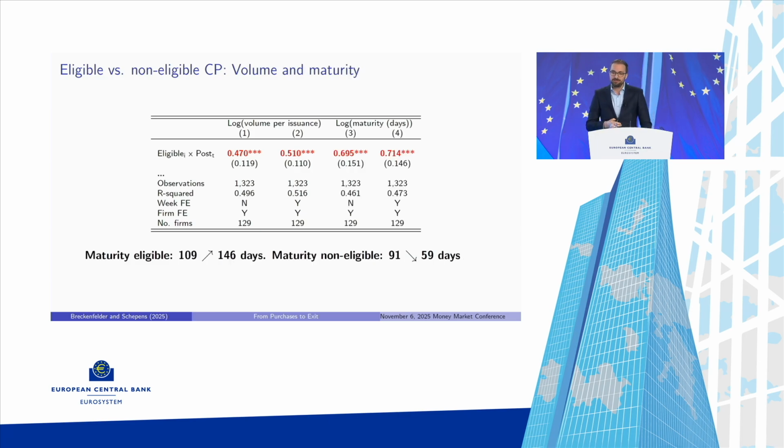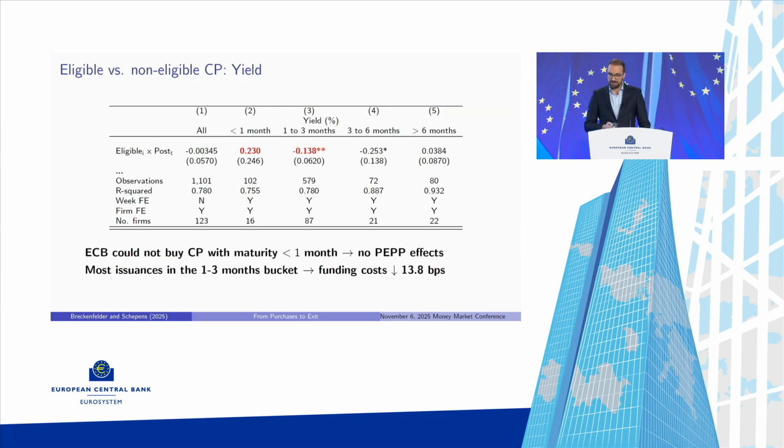What about maturity? Maturity, in terms of days, increases by 70%, and it goes up from 109 to 146 for eligible. For non-eligible, it goes, in fact, down during this period from 91 to 59.